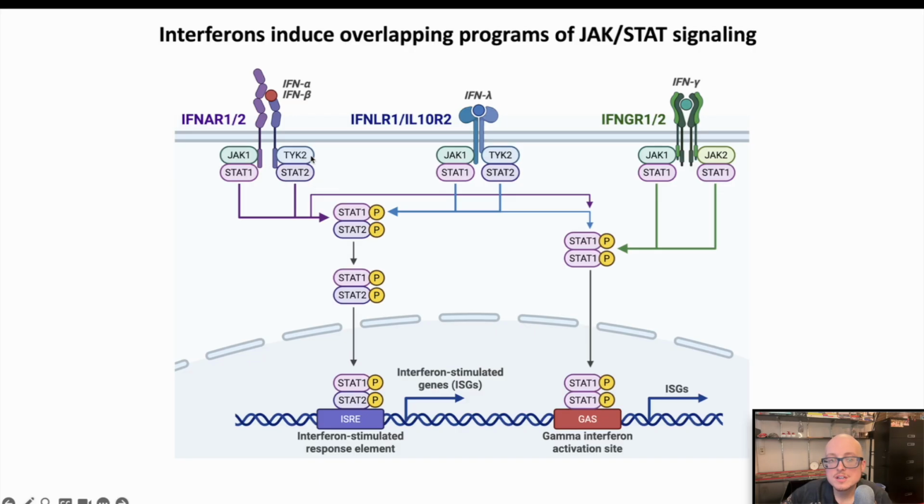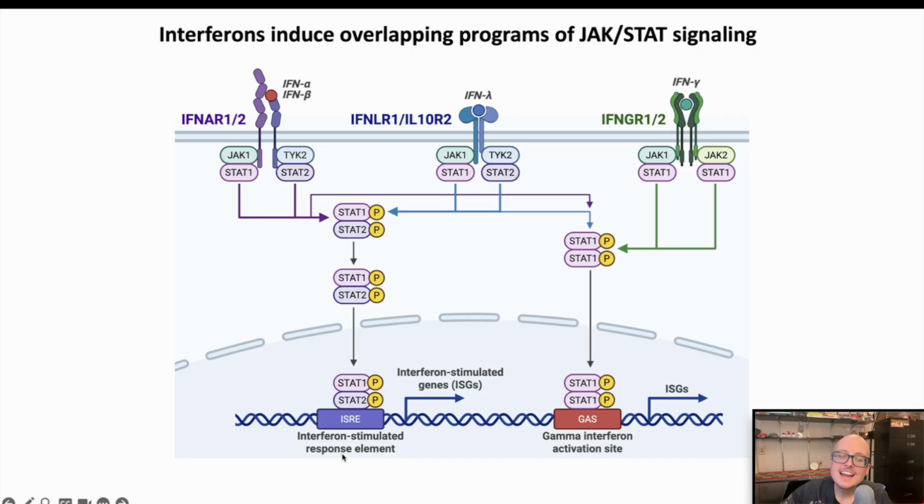And the result of the activation of IFNAR then is the formation of dimers or heterodimers of STAT1 and STAT2. This forms a functional transcription factor complex, which can translocate into the nucleus and activate innate immune genes. And the types of genes that are induced by this response are those genes who have a particular sequence in their promoter known as the interferon-stimulated response element.